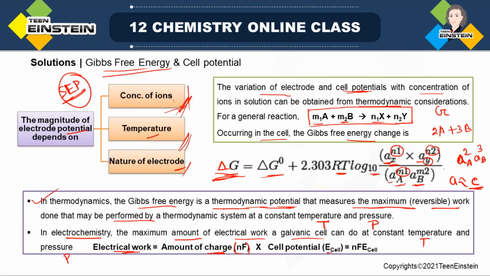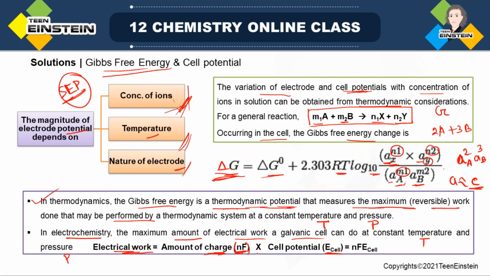E is basically joule per coulomb, E equals J by C. The amount of charge is also in coulomb, so coulomb will cancel, and ultimately the unit will be joule. On the left hand side we have work, and joule is the unit for work, the energy unit. So the unit is met.